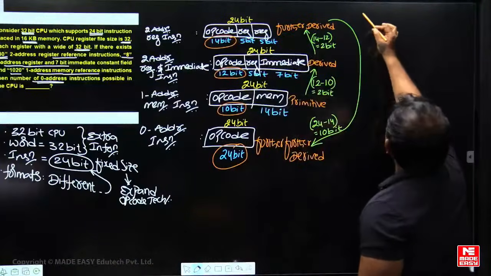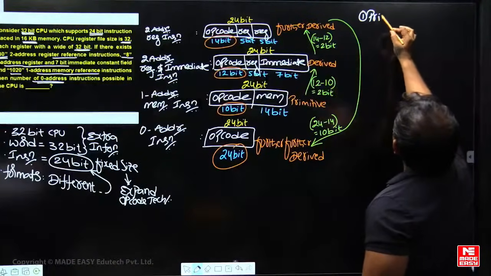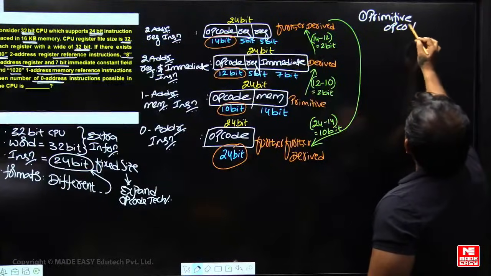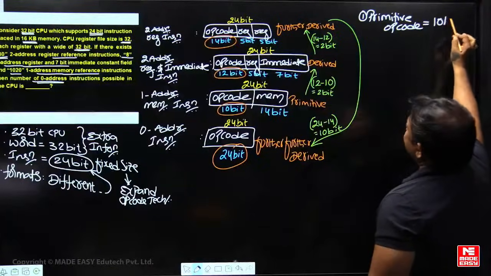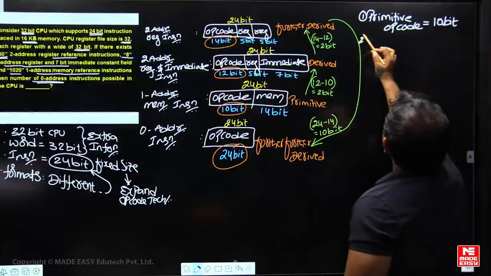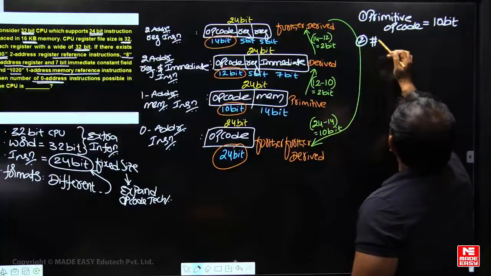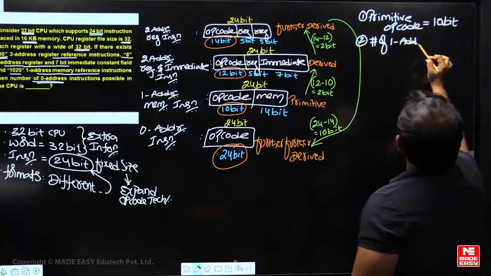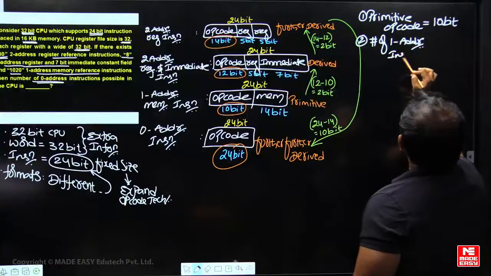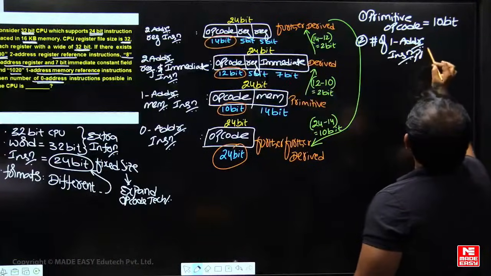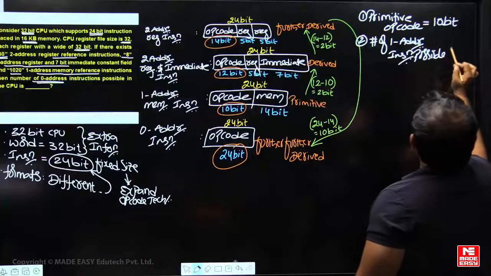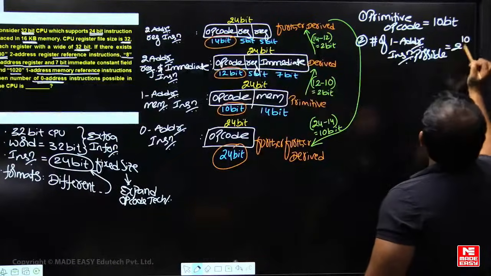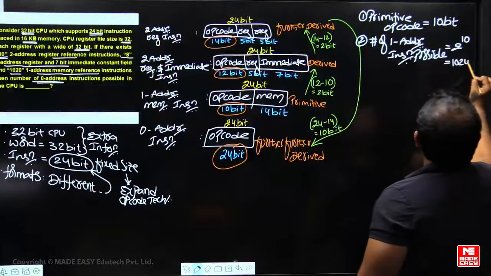First, primitive equal to 10 bits. So one address instructions possible equal to 2 power 10, which is 1024.